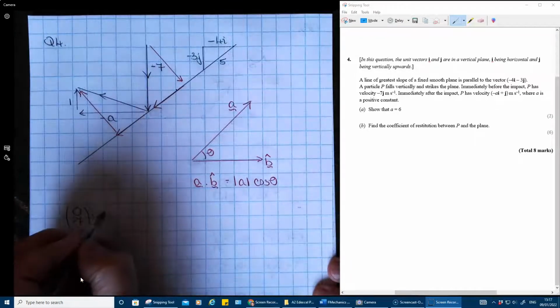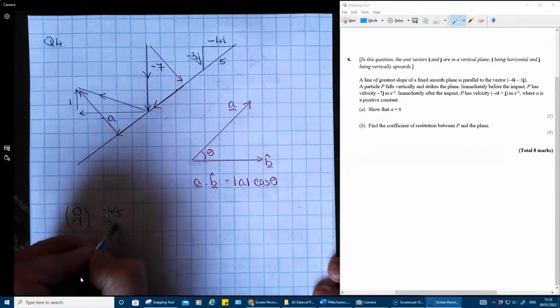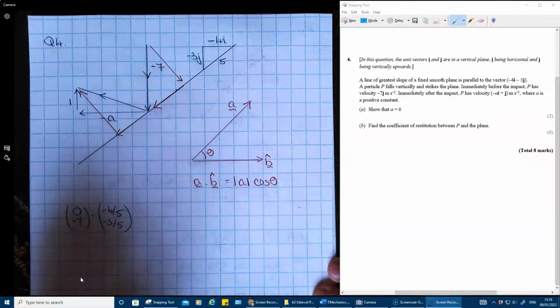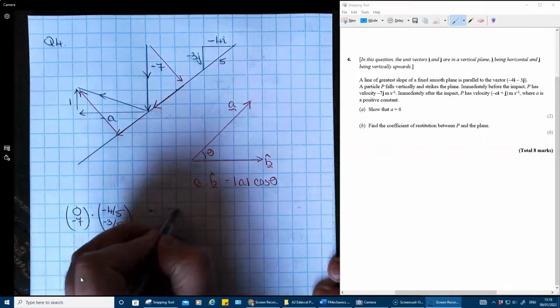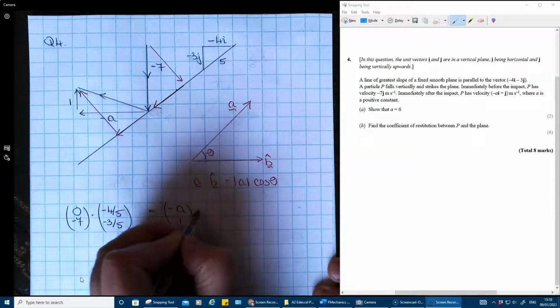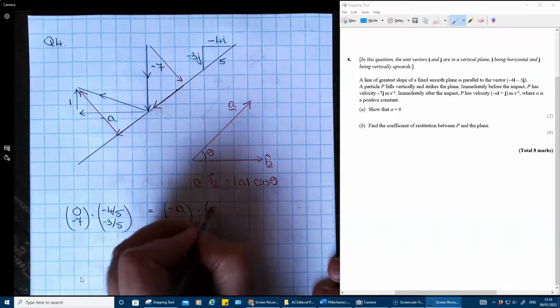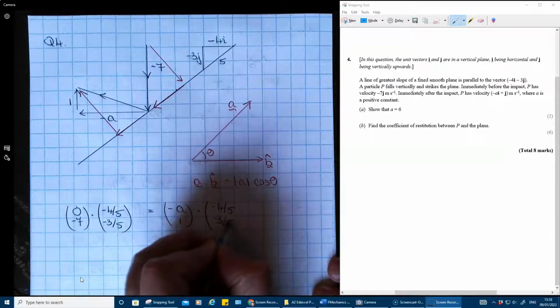So I have to do minus 4/5 and minus 3/5, and that must equal minus Ai plus 1j dotted with the same vector, minus 4/5, minus 3/5.